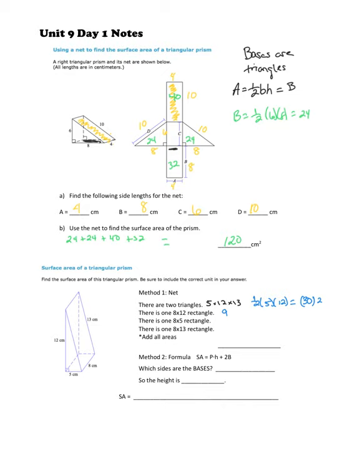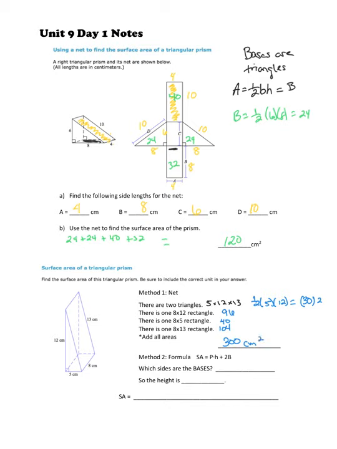An 8 by 5 rectangle, which is 40, and an 8 by 13, which is 104. Adding all the areas, I have 60 because that's 2 triangles, plus 96, plus 40, plus 104. I've got 300 centimeters squared.